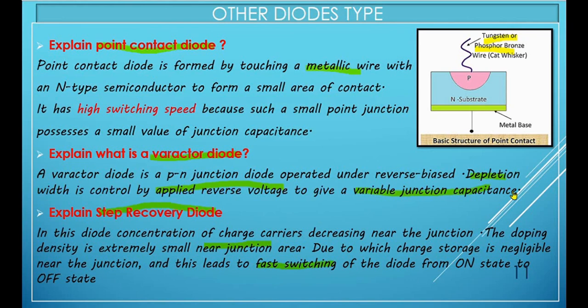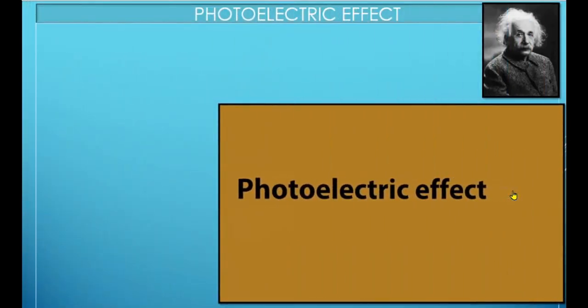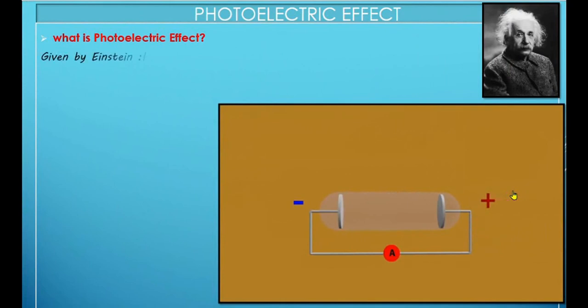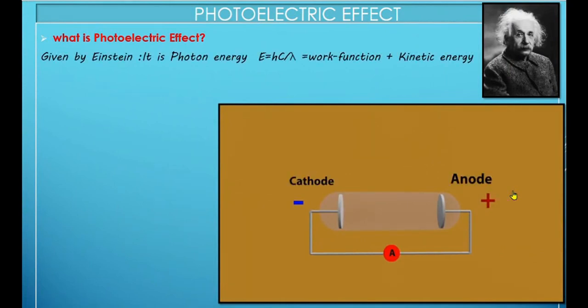The topic is the photoelectric effect. The photoelectric effect was first observed by Hertz, and then it was explained by Einstein. And very few people know that Einstein got the Nobel Prize for the photoelectric effect, not for the theory of relativity, E equal to mc square. So this was the main research of Einstein.